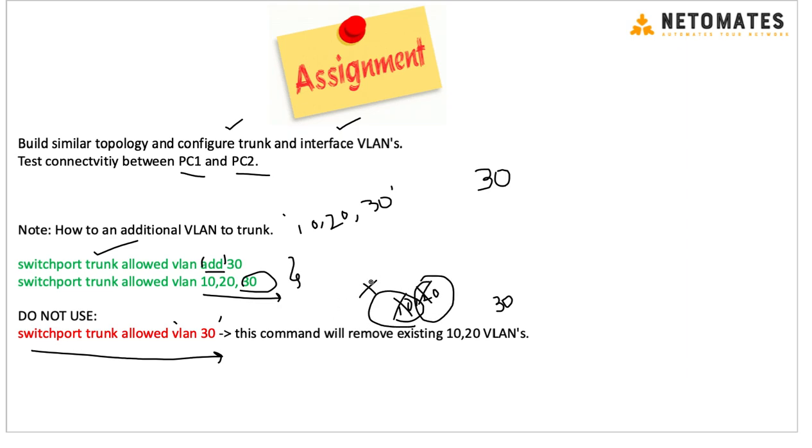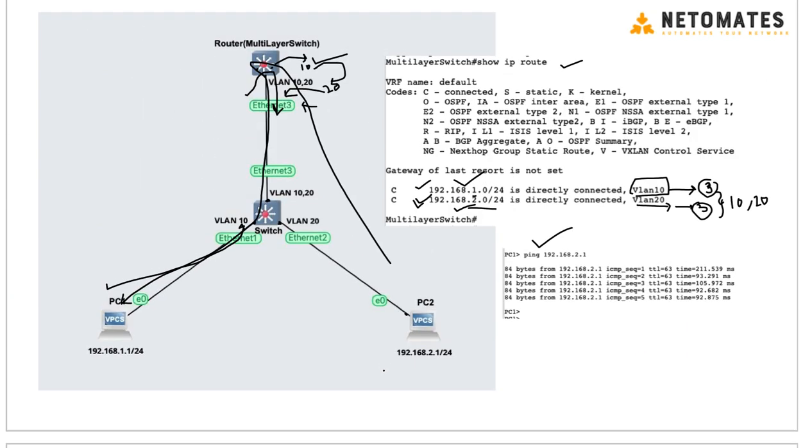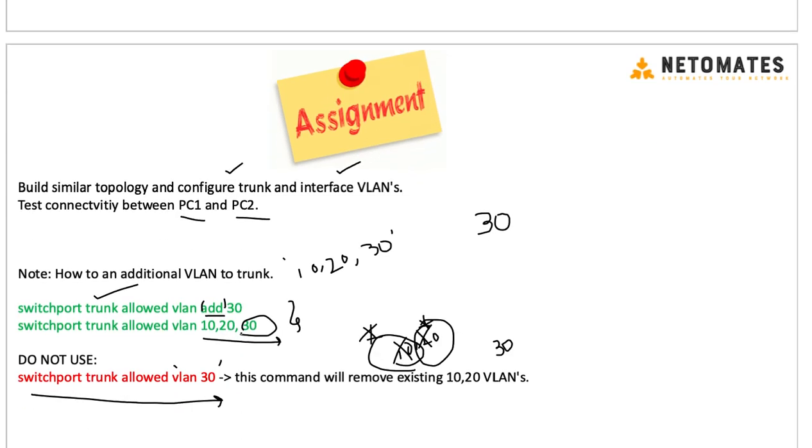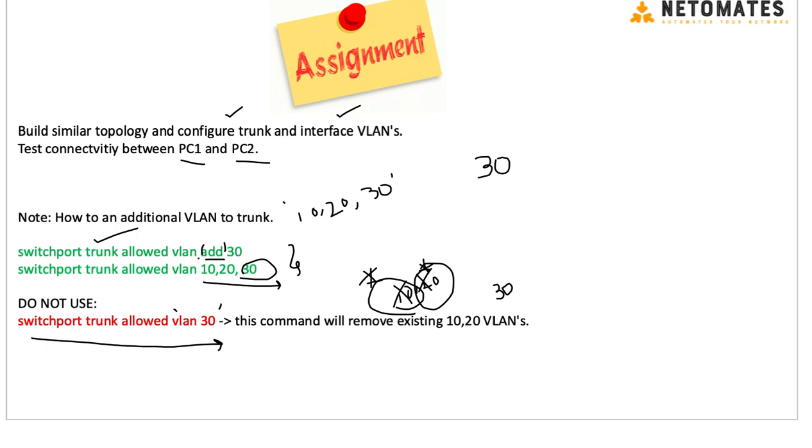They will be isolated, they will go down. Because if you look at the topology, once you remove 10 and 20 and add 30, there is no way packets from VLAN 10 and 20 can reach the gateway. So make sure you use the keyword add, or you mention all the VLANs that you want to allow.